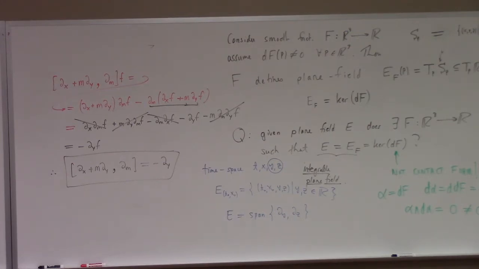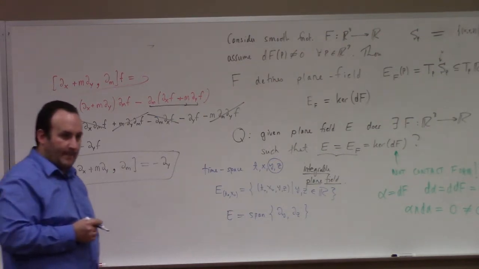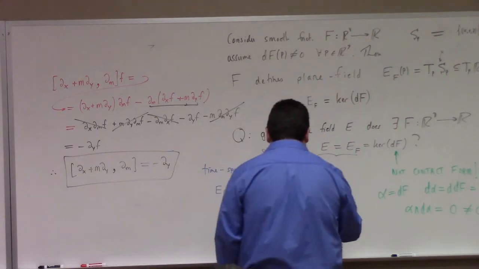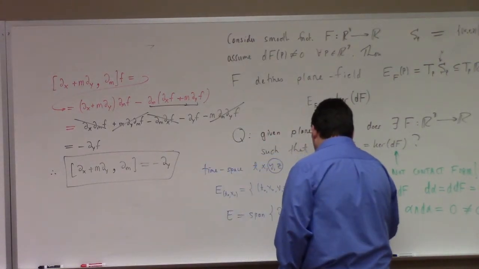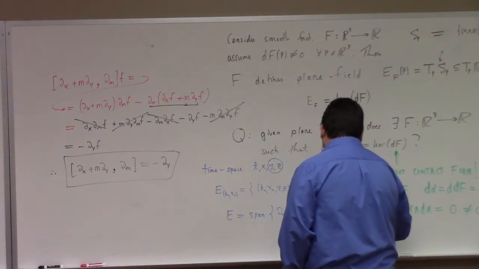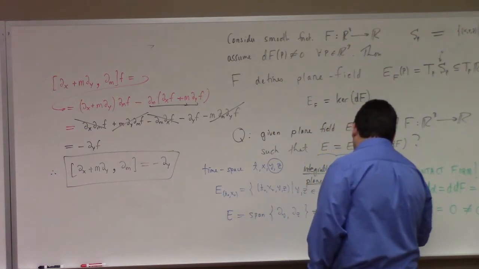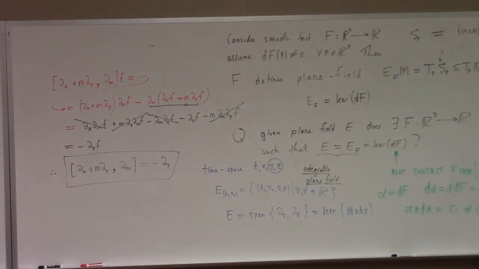So if I want to write that, I can't write it as the kernel of a one-form, right? Maybe the kernel of a two-form? Would this be the kernel of dt wedge dx? I mean, is that what it is? Is that how we do it?